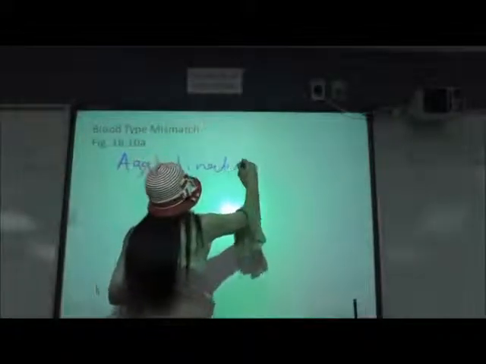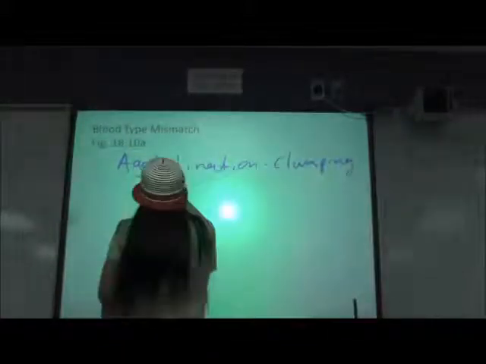All right, so when we get a blood type mismatch, this will cause what's called agglutination. Agglutination is like the clumping together of our blood cells.